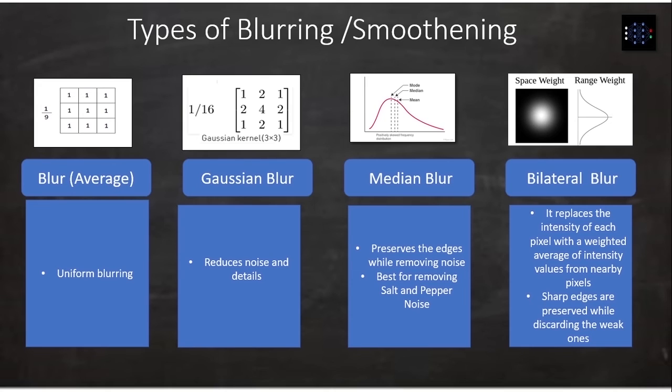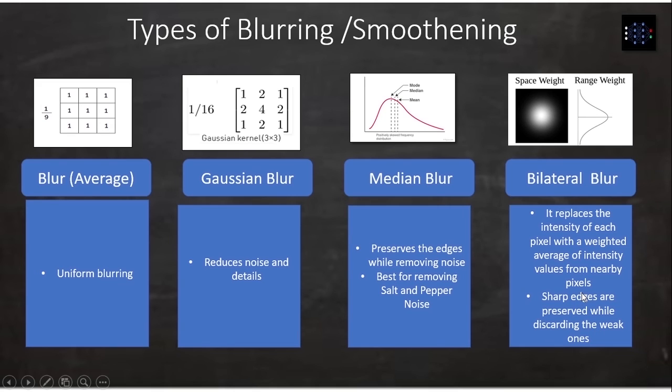We pick that and take a weighted average. That means the new pixel is decided not only based on the distance from the corners, but the intensity differences are also considered. So it replaces the intensity of each pixel with the weighted average of intensity values from the nearby pixels. Sharp edges are preserved while discarding the weak ones.